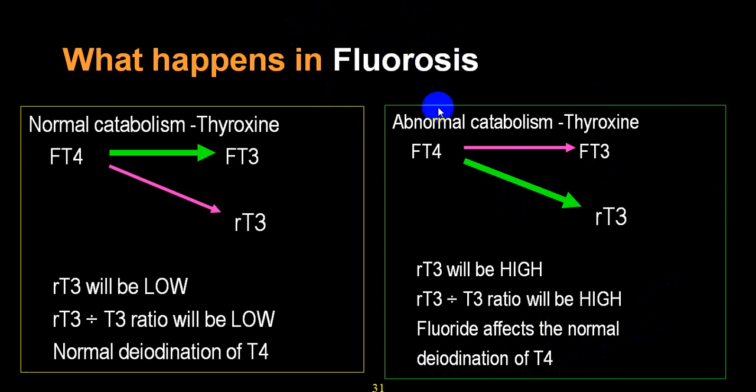So fluorosis can interfere with the conversion of free T4 into reverse T3. There will be more production of reverse T3, and that will give rise to what we call hypothyroidism.